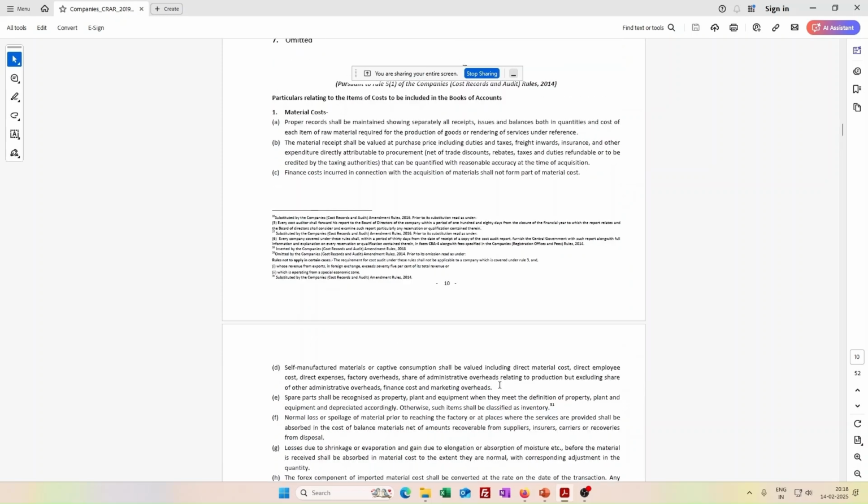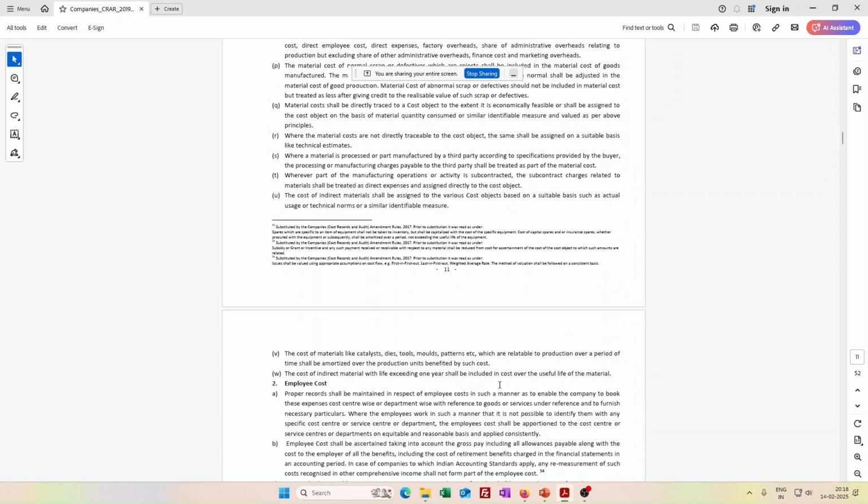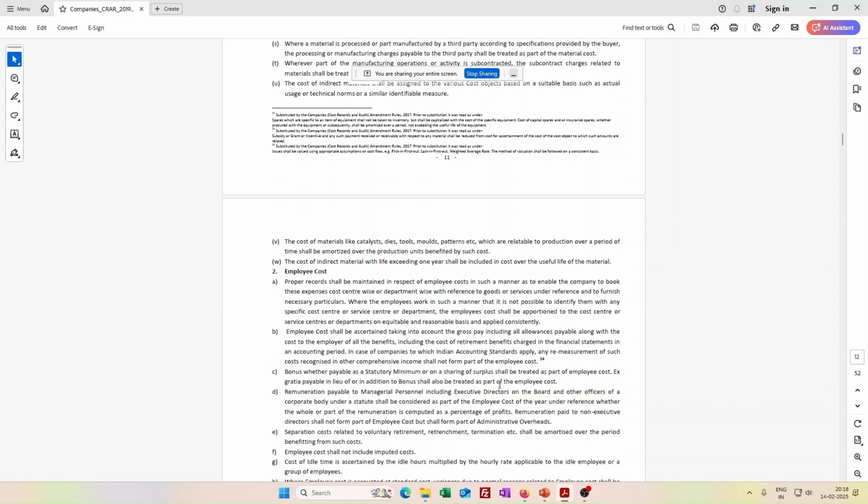Now the second entry is employee cost. You can read thoroughly, but I am just giving the example. Employee cost here means direct employee cost and indirect employee cost.